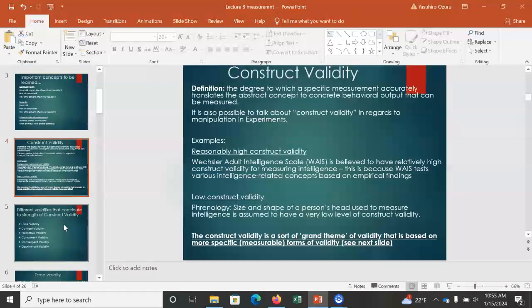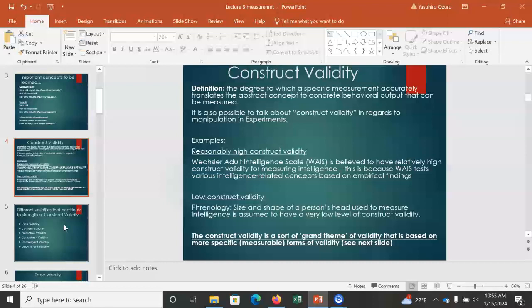So what is construct validity? Construct validity is the degree to which a specific measurement accurately measures what you want to measure. It is whether or not the measurement is actually measuring what you want to measure. Let's talk about this using an example. The Wechsler Adult Intelligence Scale, or WAIS, is believed to have relatively high construct validity for measuring intelligence.